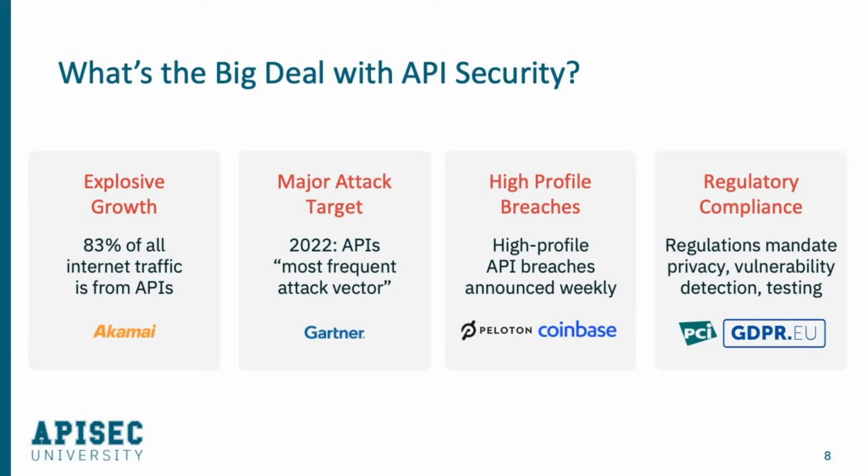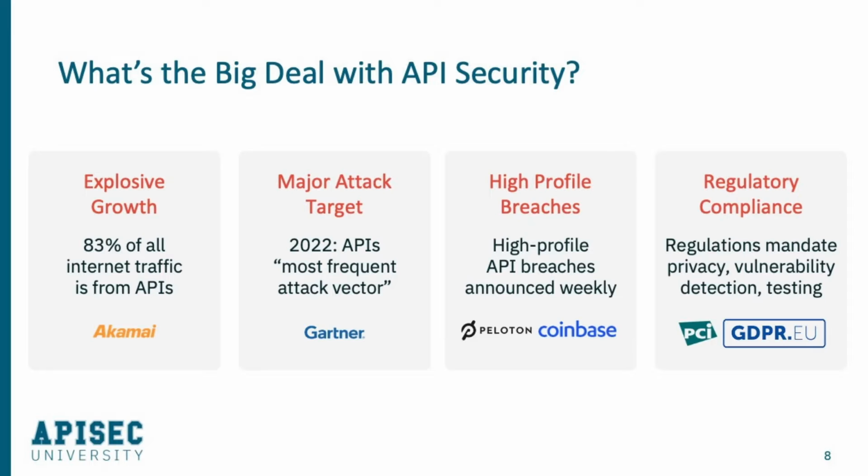But along with that, of course, has come a cybersecurity risk, and Gartner has long said that by last year, 2022, APIs would become the number one most frequent attack vector, and I think that has turned out to be true. You'll see that in the coming sections when we talk about real world breaches, just how true that is, and that has resulted in some pretty remarkable high-profile breaches.